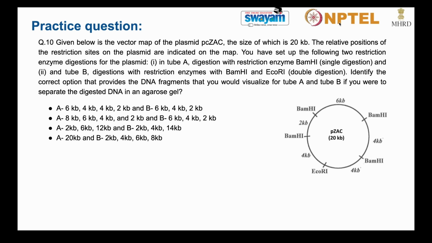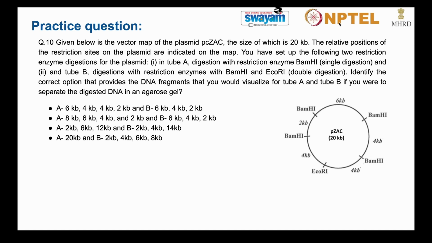Now in this question they are saying that you are given two test tubes, test tube A and test tube B. In test tube A there is only a single enzyme, BamHI, so there will be a single digestion, whereas in test tube B they have provided you with two restriction enzymes, BamHI and EcoRI.